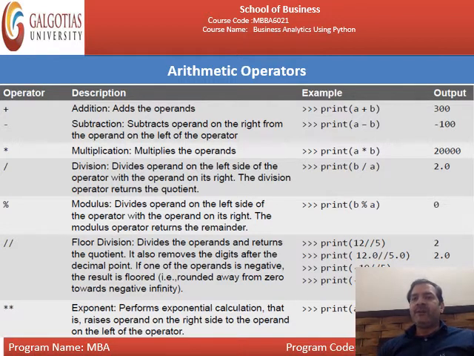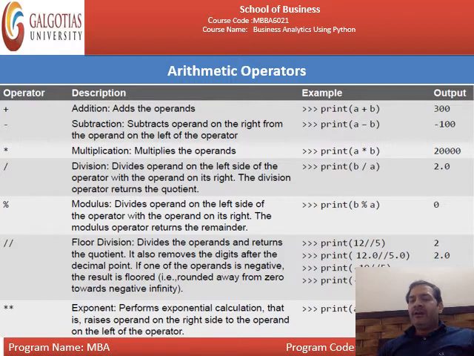For example, print a plus b. You must mention what is the value of a and what is the value of b. For example, value of a is equal to 100 and value of b is equal to 200. When you print a plus b, the answer will be 300.